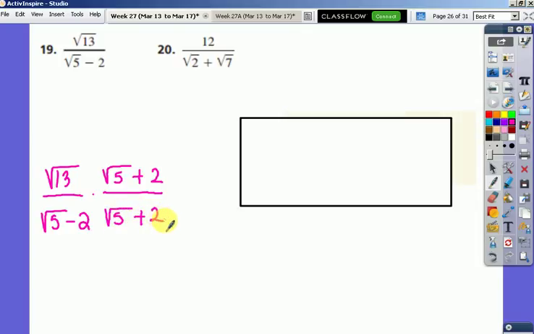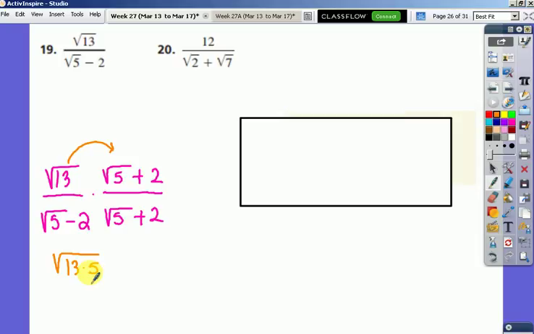I have to distribute that root 13 to each term. Now, what you want to do here is you already know that when you take root 13 times root 5, you're going to end up with root 13 times 5. We learned that the other day, right? Break this down if you can.